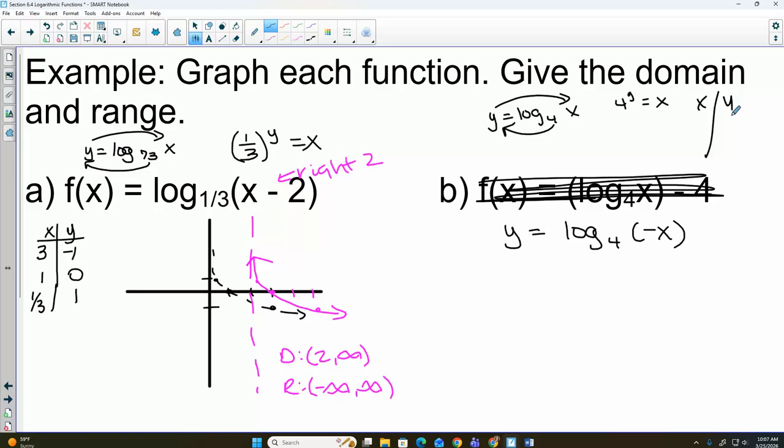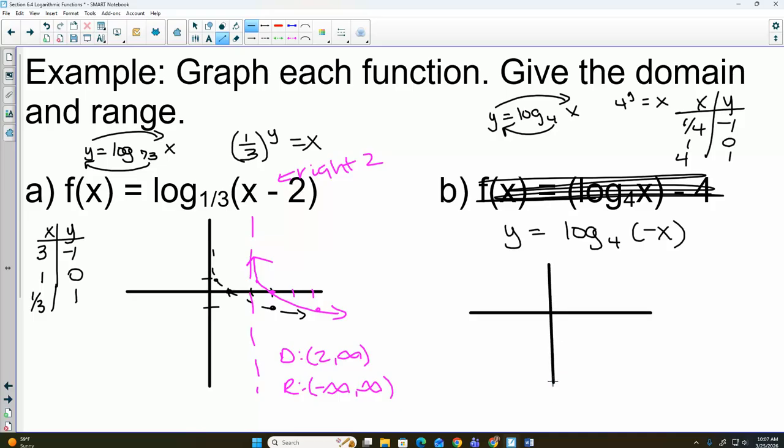Do your t-chart. 4 to the -1, 4 to the 0, 4 to the first. Okay. If I plot those, -1, 1, 0, 1.